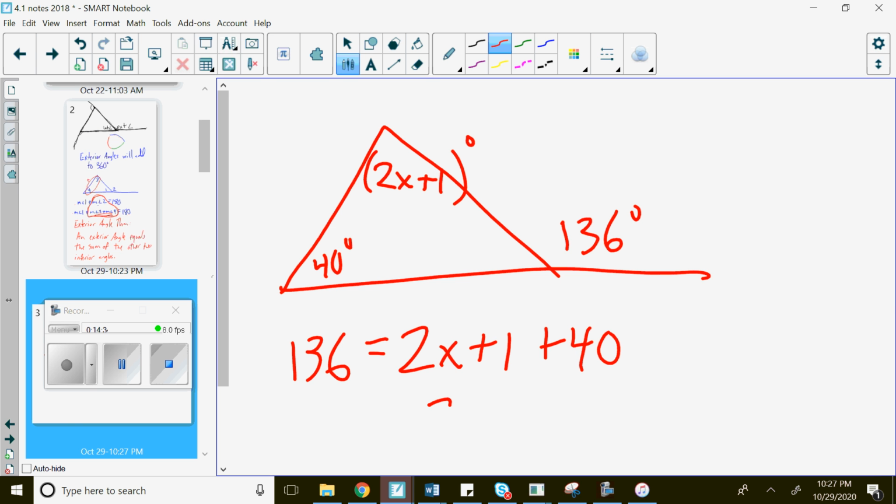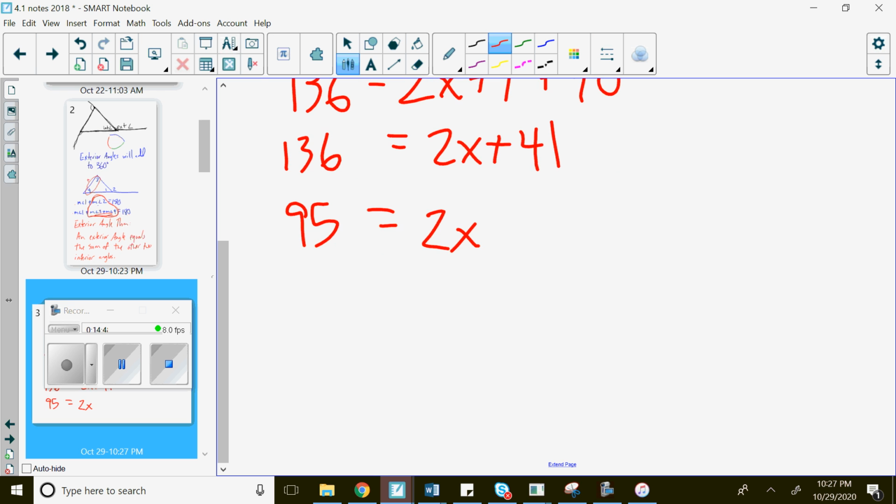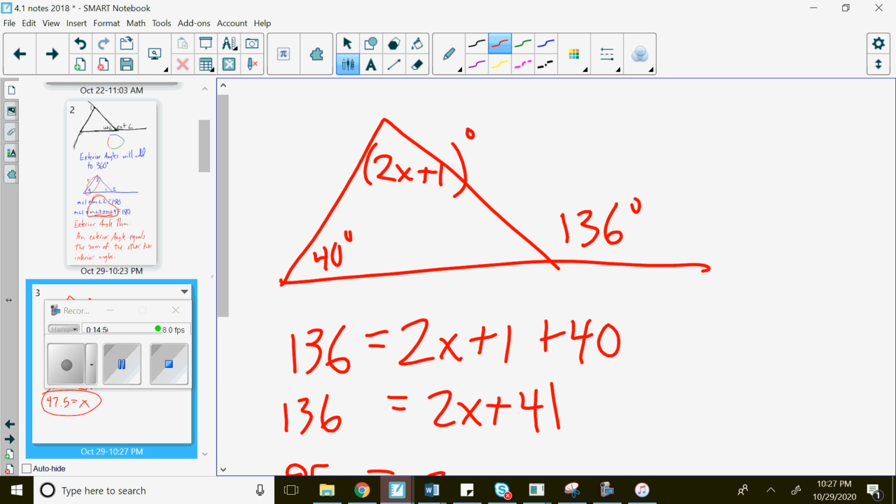So that's 2x plus 41 equals 136. Subtract the 41 from both sides, and you're going to get 2x equals 95, I believe. 95, yep. And then x would equal 47.5 if that were the case. Okay, so an exterior angle equals the sum of the other two interior angles.